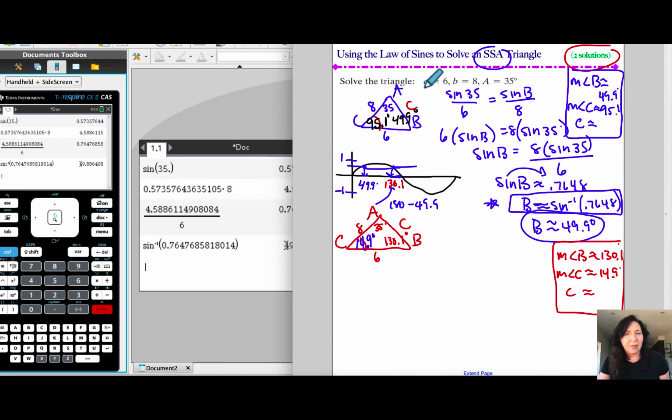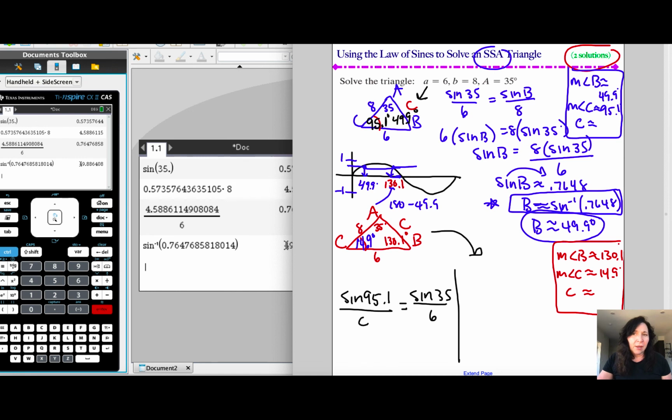All right, so to find this c on the top, I'm going to go sine of 95.1 over little c is equal to, and then choose whichever ones you want. I'm going to use ones that they gave us. So sine of 35 over 6. The other one for this triangle, the red one, I'm going to use sine of 14.9 degrees over little c also equals sine of 35 over 6.